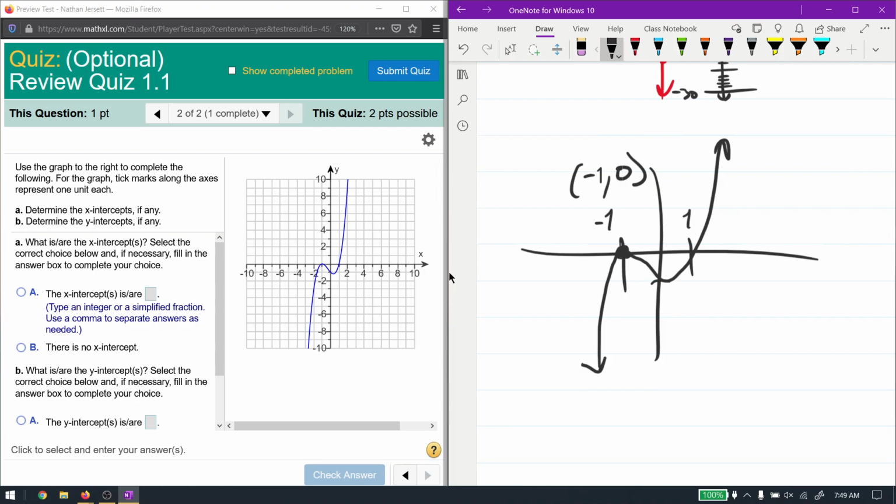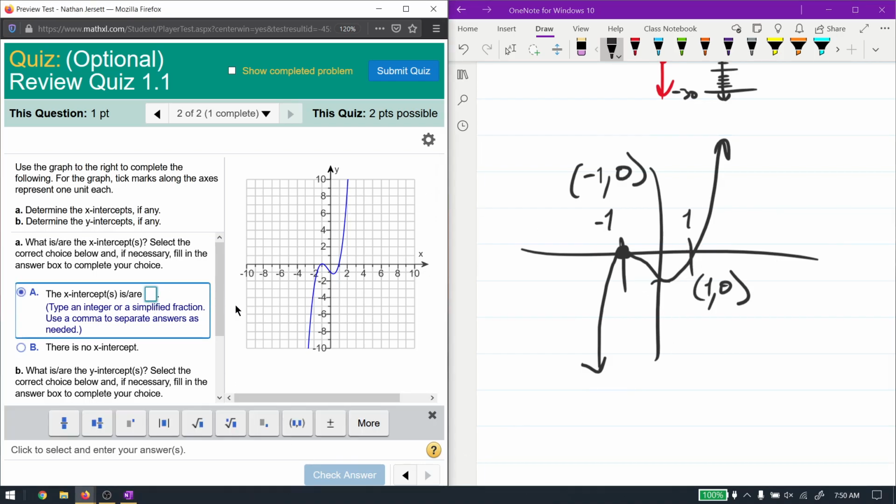Because it's an x-intercept, it is understood that the y coordinate will always be 0. So when talking about x-intercepts, we really don't say the coordinate in its entirety, -1, 0. We say just -1 because y has to be 0 in this case. Just like for this other x-intercept, it's 1, 0. You can just say the x-intercept of 1 because there's only one place that can be. So the x-intercepts are -1 and 1.